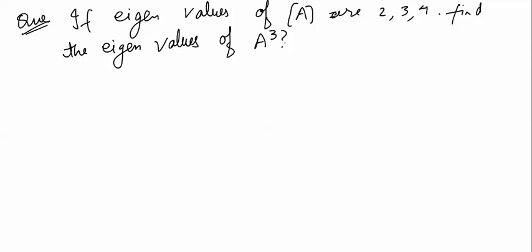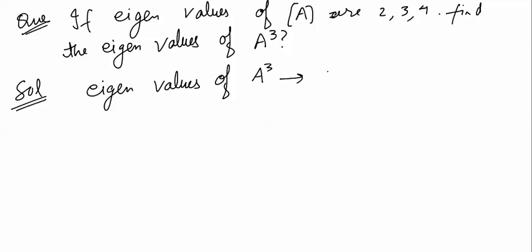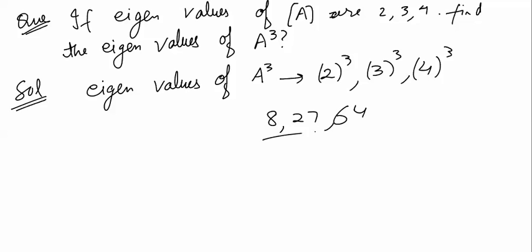So don't find A cube first. You can very simply say that the eigenvalues of A cube will be 2 cube, 3 cube, 4 cube. This will be 8, 27, and 64 respectively. Clear? This is how you can find the eigenvalues.